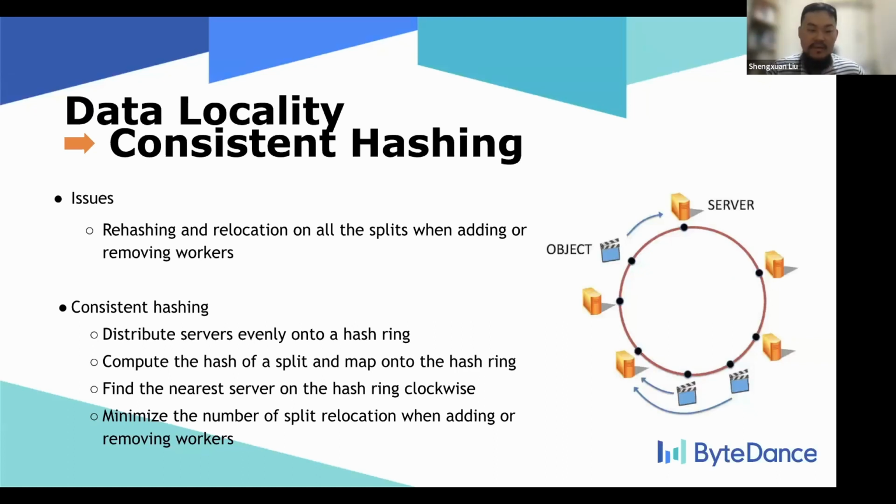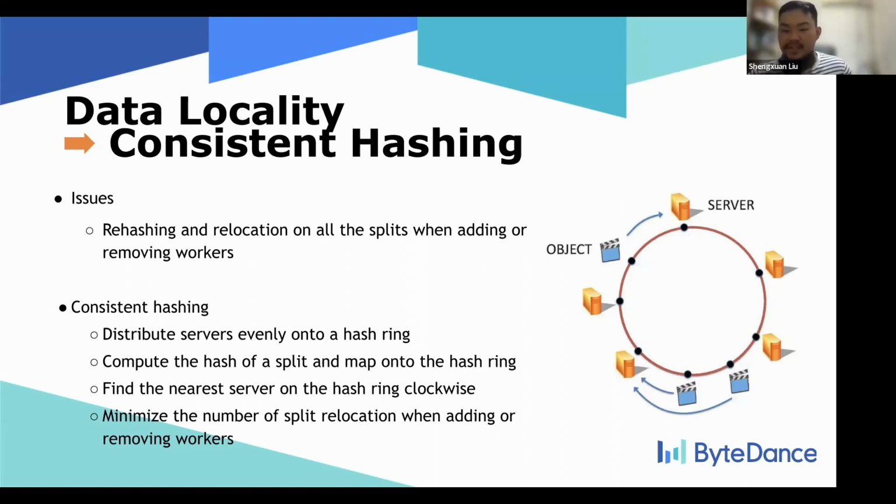In short, consistent hashing assigns a range of the hash values to one worker. We distribute servers evenly into a hash ring, and then we compute the hash code of each split and map them into the hash ring.